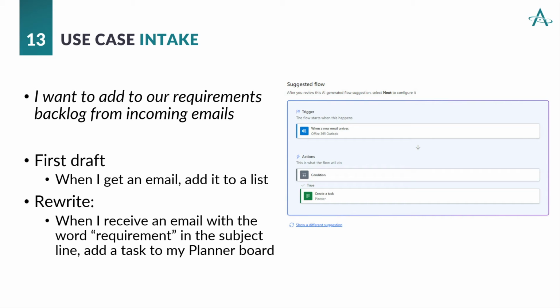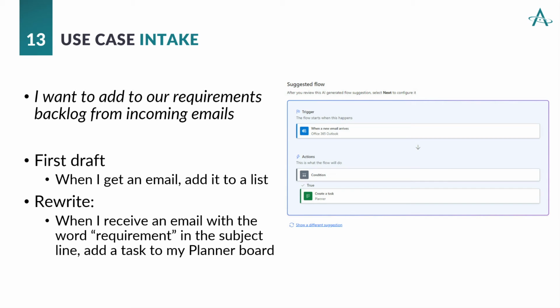Or let's try a rewrite to be more specific and to mention the app. The rewrite says, when I receive an email with the word requirement in the subject line, look how specific that is. Then add it to a task to my planner board. There's mentioning the app. So it's a very specific start, very specific location, very specific end place.